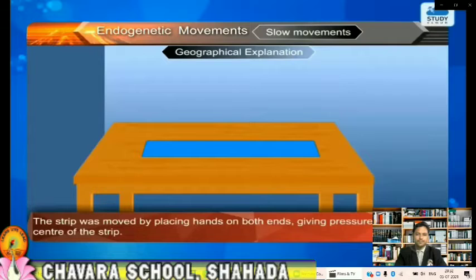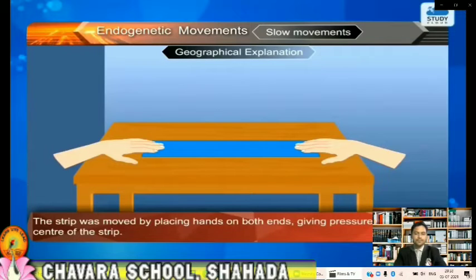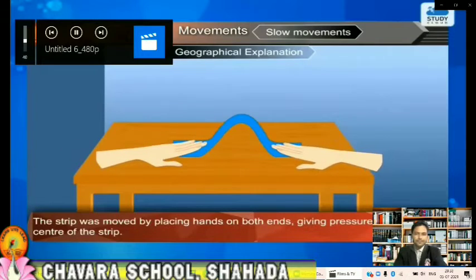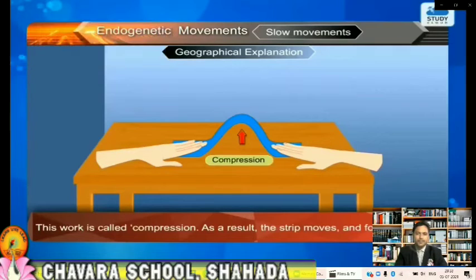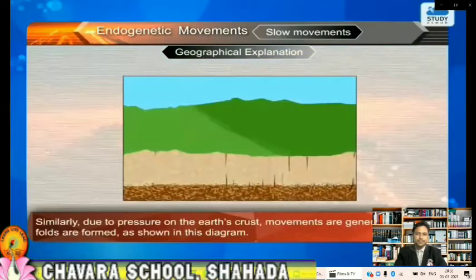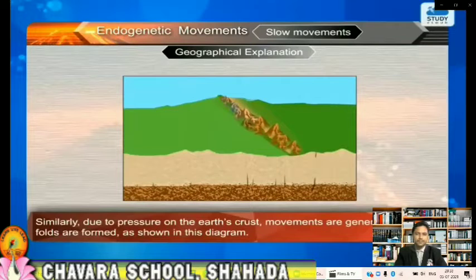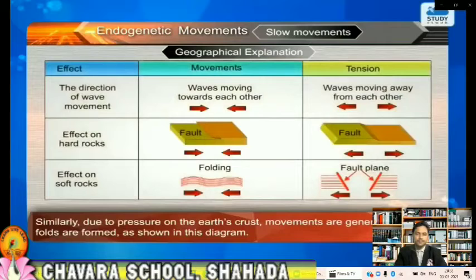The strip was moved by placing hands on both ends, giving pressure on the center of the strip. This work is called compression. As a result, the strip moves and folds form. Similarly, due to pressure on the Earth's crust, movements are generated and folds are formed, as shown in this diagram.